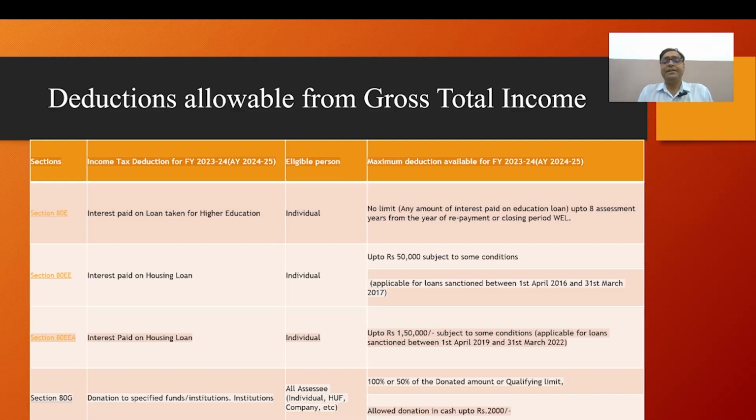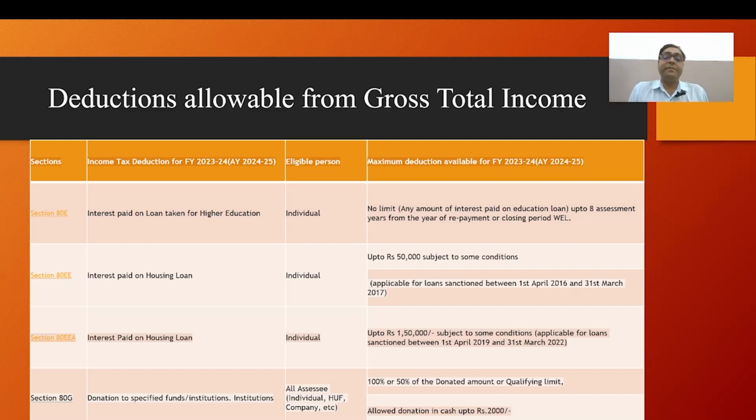There is no limit on the amount of interest paid on an education loan, up to 8 assessment years. You can claim only till 8 assessment years, but you can repay or close the loan earlier. For example, if you complete in 5 years, you can take only 5 years. You cannot take 8 years.